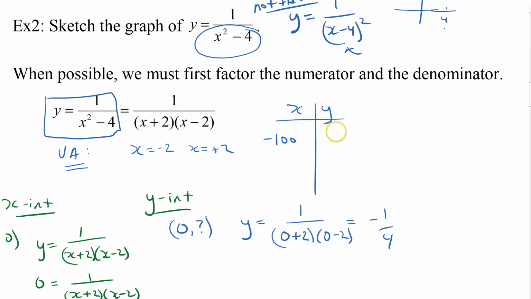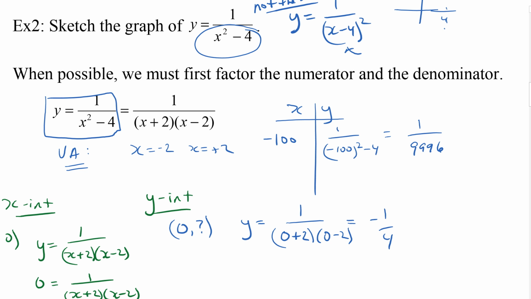I get 1 over -100 squared minus 4. So first of all, this -100 turns into a positive, works out to 10,000. 10,000 minus 4 is equal to a positive 9996.